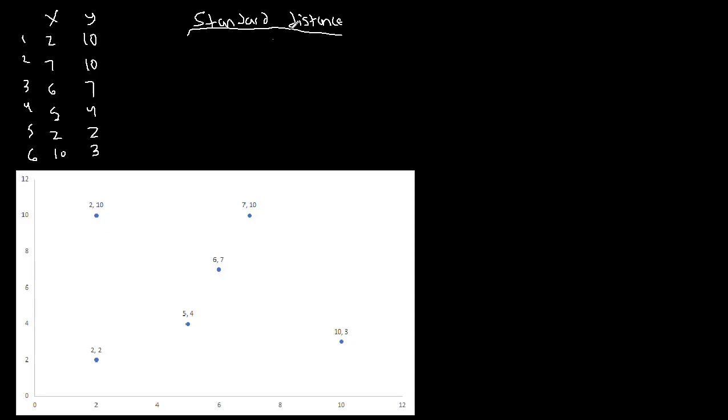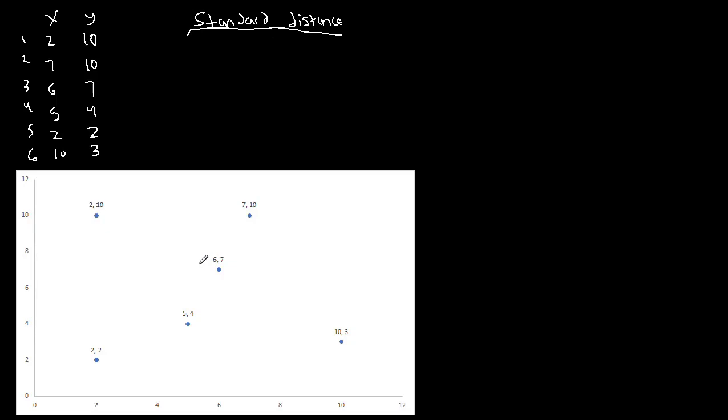And so what standard distance is going to do for us is it's going to give us a single value that represents sort of the average distance away from the central feature. Or I guess technically, to be specific, standard distance is usually measured using the mean. So it would be the distance from the mean.